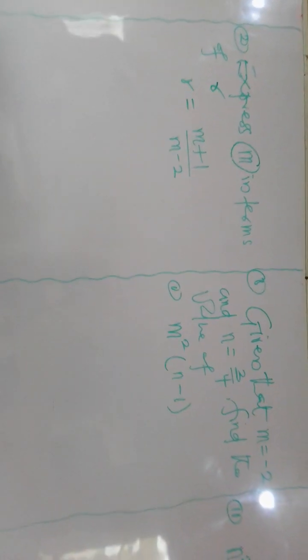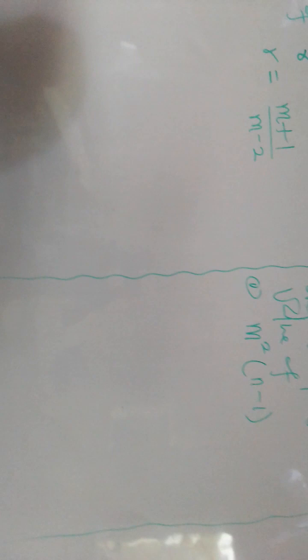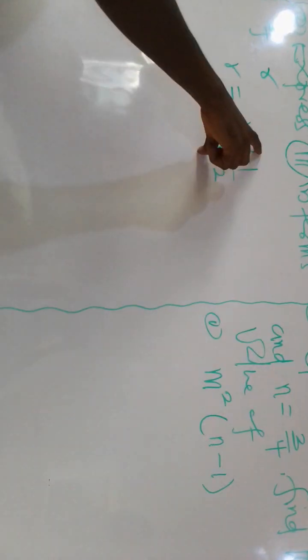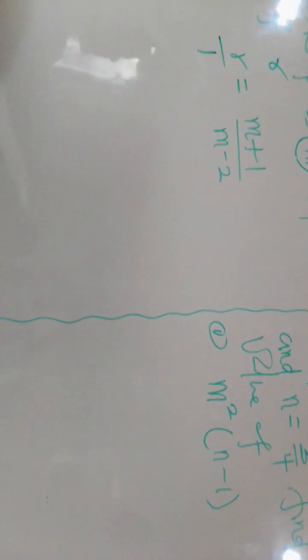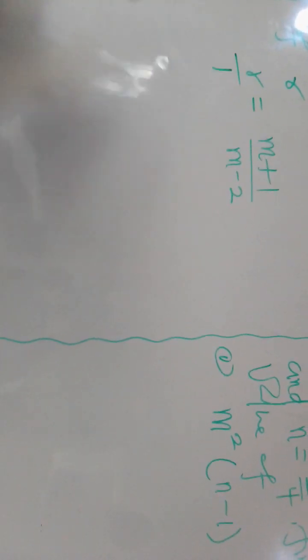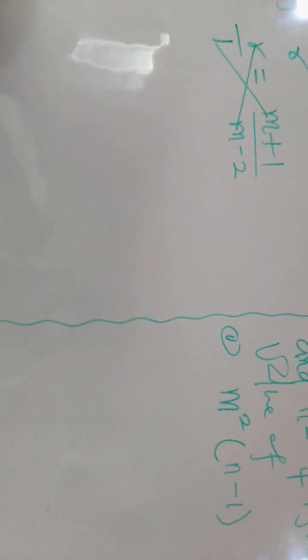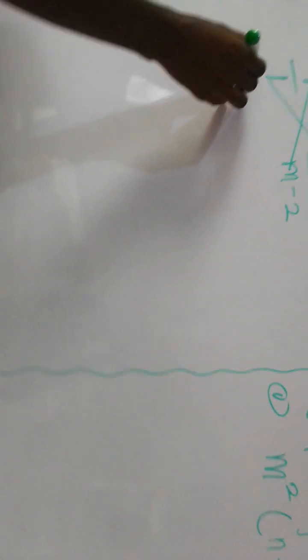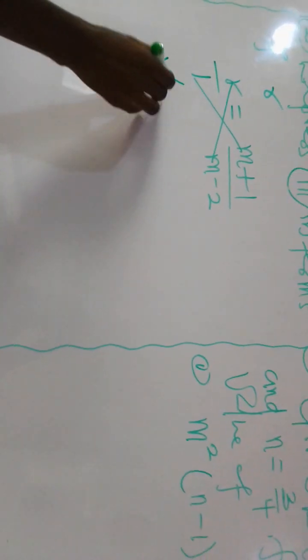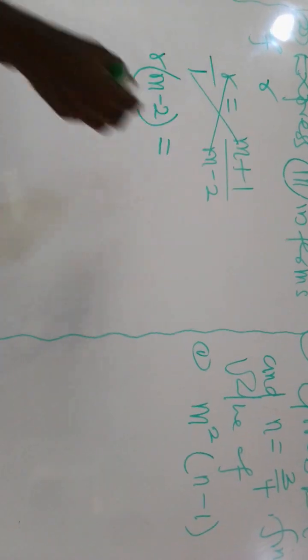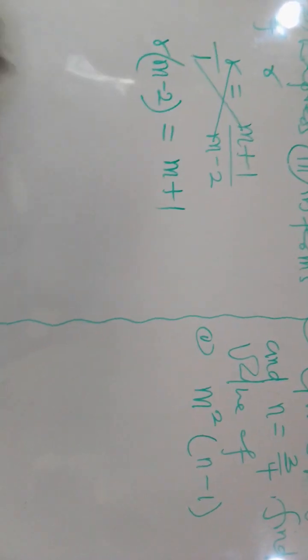Now to make M the subject, this fraction. So here is over 1. And because here is equal sign, now just cross multiply. Like this. Good. So you're going to have R into bracket M minus 2 equals 1 times this will give us the same thing, M plus 1.